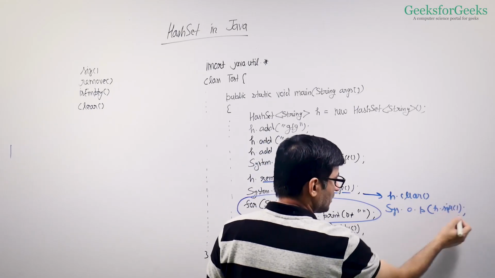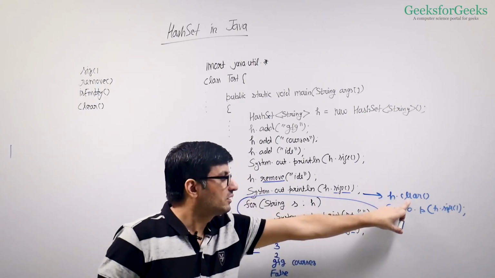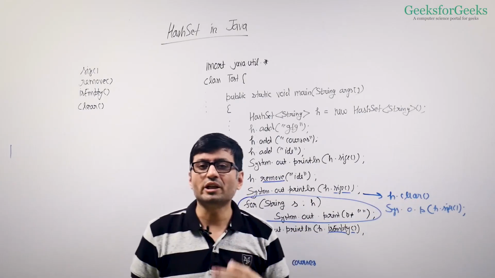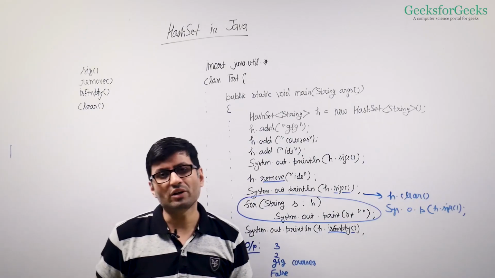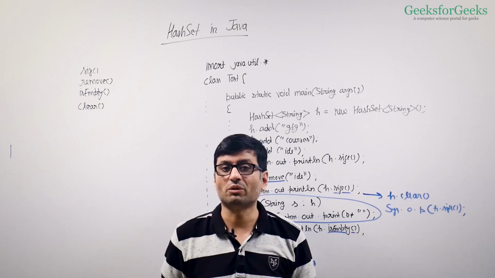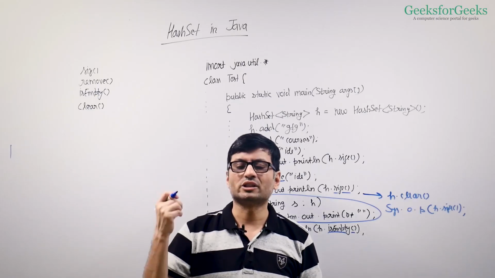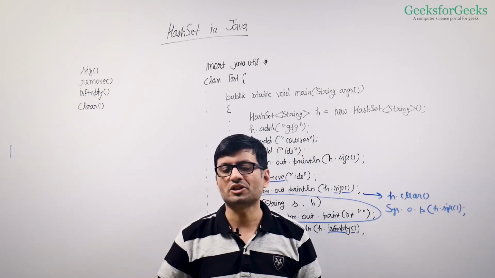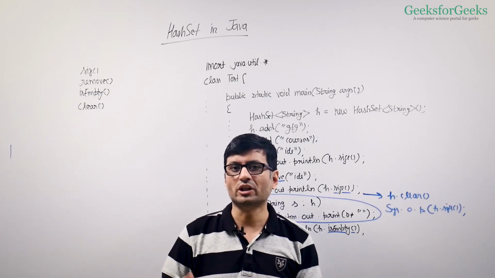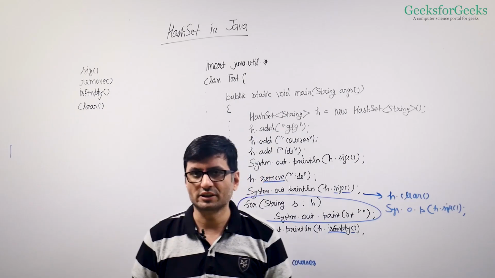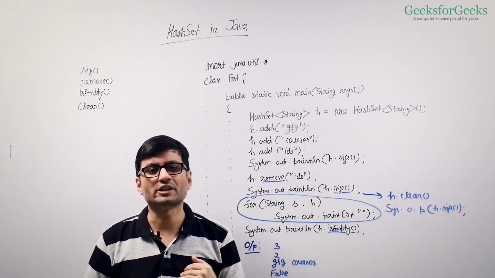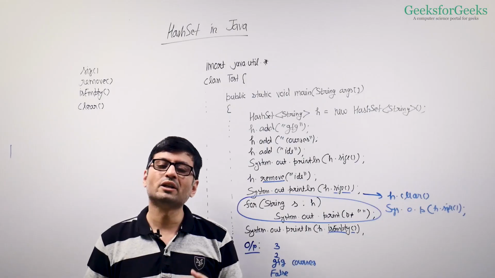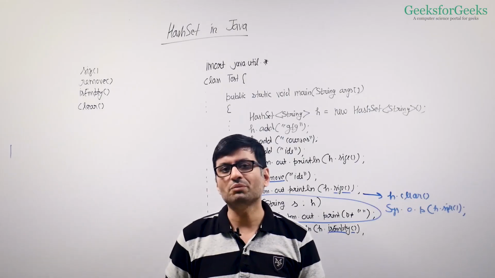I'll get 0 because I've cleared the hash set. This clear function is especially important when you are using a hash set for multiple test cases. You just have to create one instance and can use it for multiple test cases by clearing the content from the previous test case.